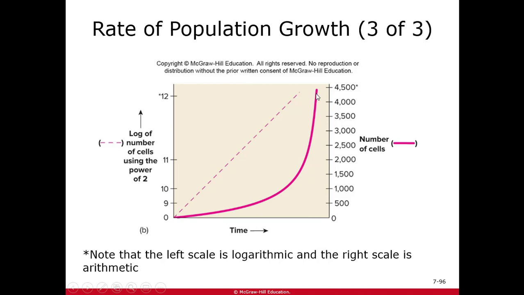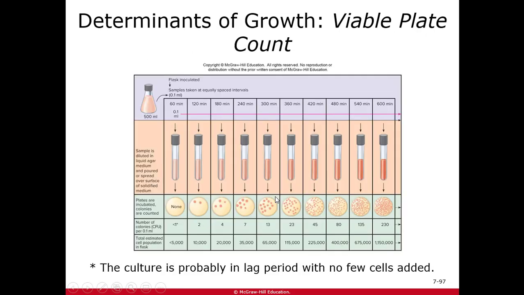Now, to know if bacteria did grow, there's a couple different ways we can measure and determine if bacteria grew or not. One of them is called a viable plate count. Because sometimes we want to know, how many bacteria are there? Did they grow? Did they not grow? Did we give them enough time if we want a specific number?